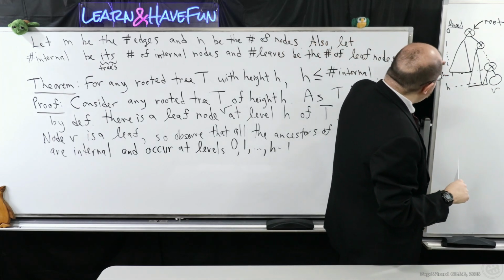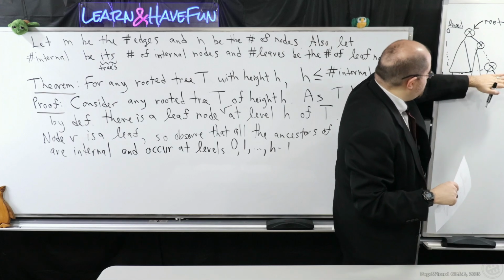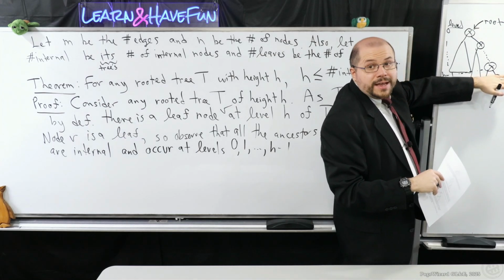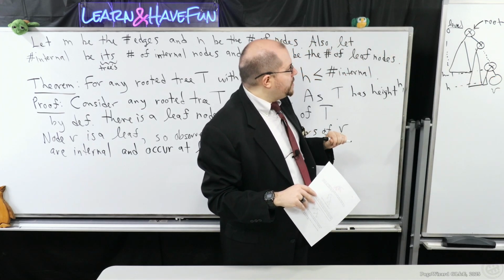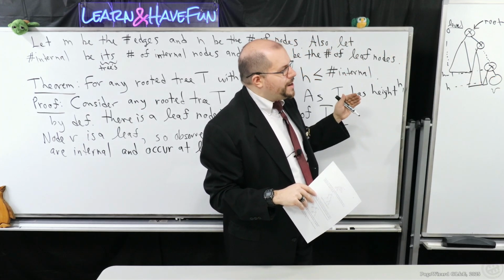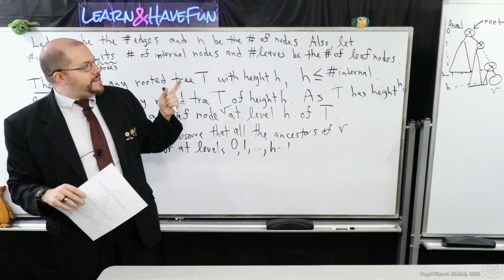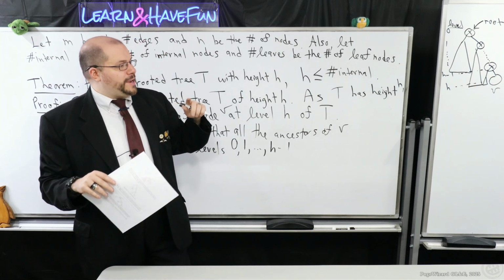So how many levels are there here? Well, I want you just to ignore this bottommost level. How many levels are there, everybody? Well, it's 0, 1, 2, 3, all the way up to h minus 1. So meaning it's h minus 1 plus the 0th level, or aka the first level.